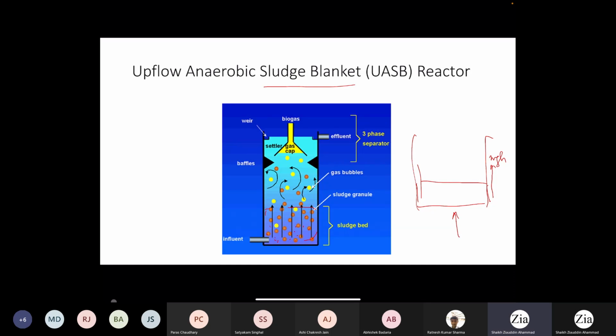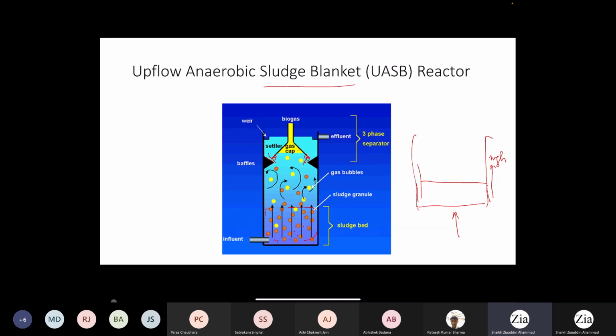In this reactor system, methane will be produced. The methane will get trapped in the gas trap, where the biogas will get separated from the liquid. The design is made in such a way that a very small space is available between the gas trap and the reactor surface. So the granules will get trapped here and will not be able to go out of the system.